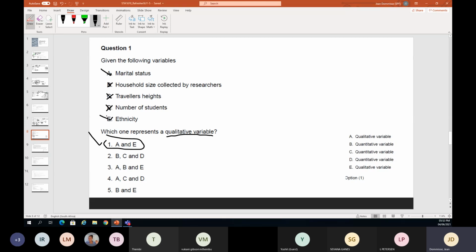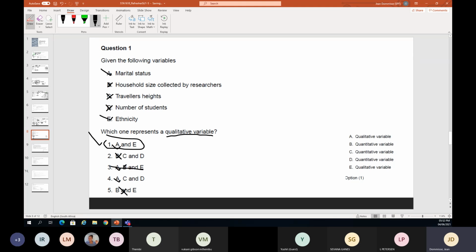So how I would do it as well, when I look at it in the exam or in your assignments, I would look at A and I would say, okay, marital status, that is correct. Then I would go to the next one, household size. No, definitely B is wrong.